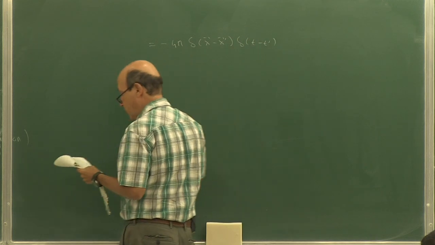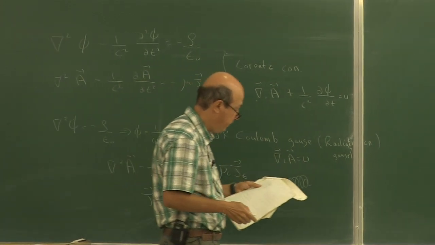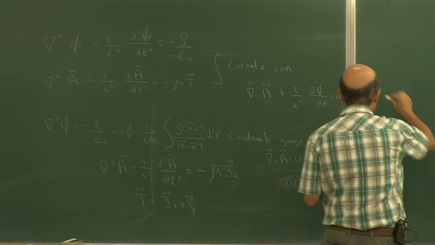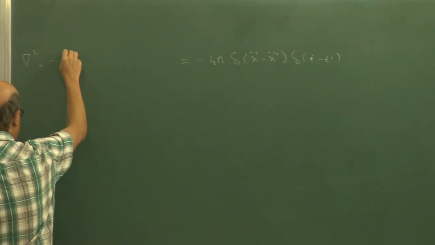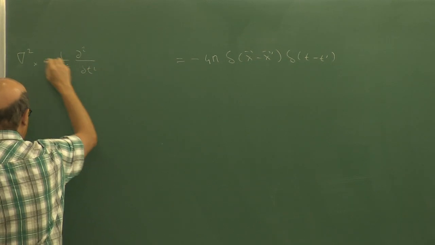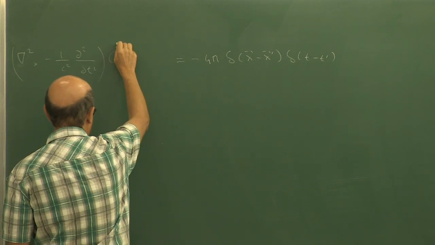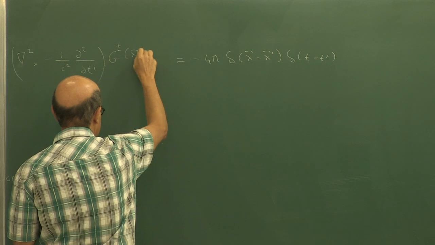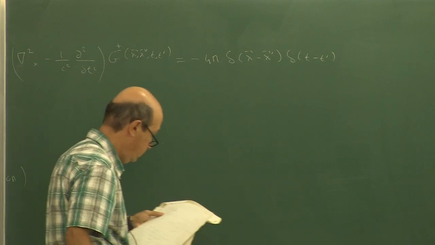This is the unit source that survives under the integration of d cubed x prime and dt prime. And on the left hand side, we have the wave equation, and the solution is the Green's function G(x, t; x prime, t prime).